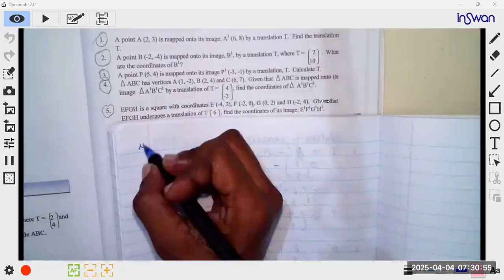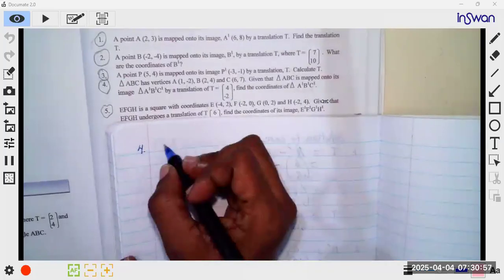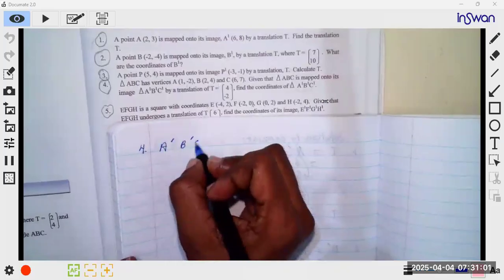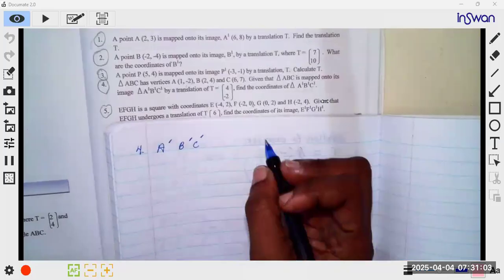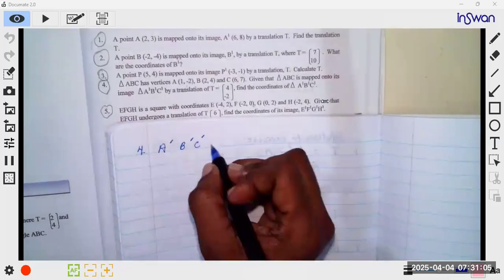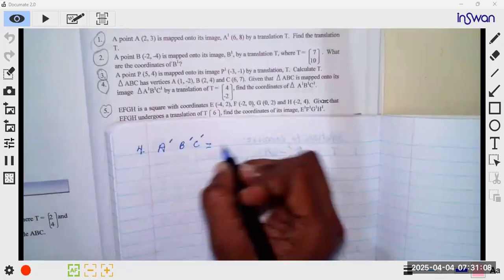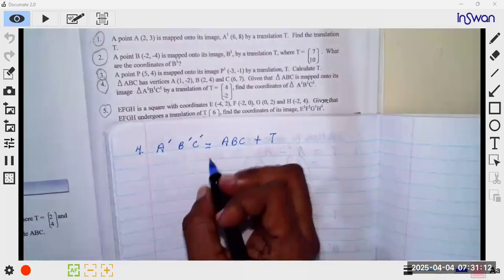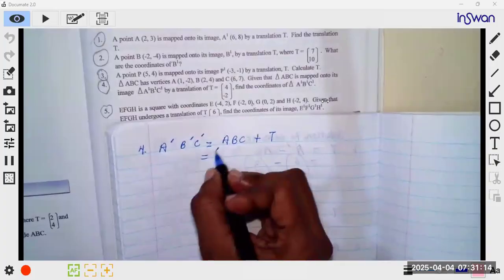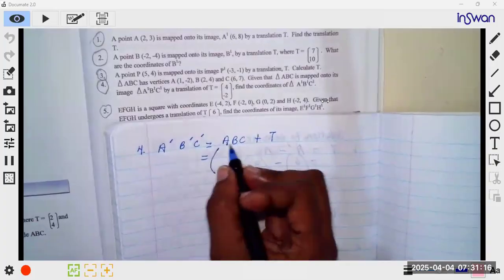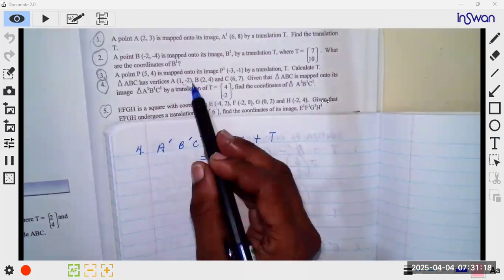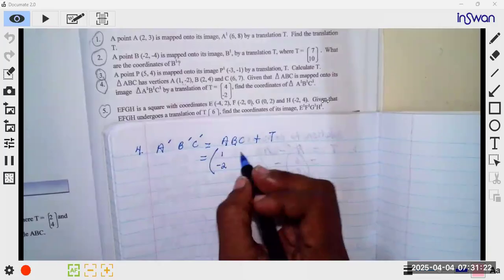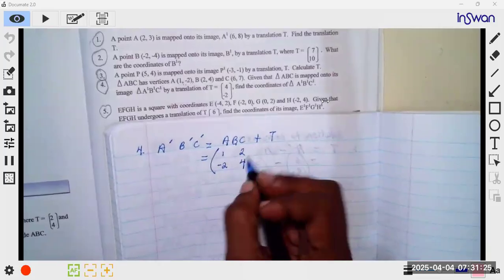So in number 4 now, the A prime, B prime, C prime, which is the image, is equal to the object A, B, C plus my translation vector. What is A, B, C? A is 1, -2. B is 2, 4. C is 6, 7.